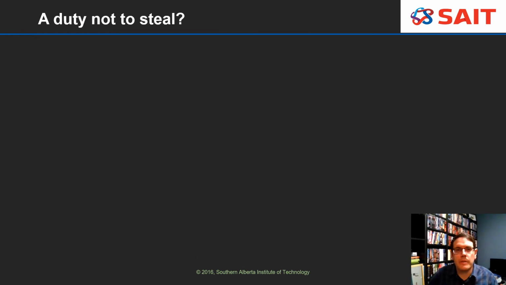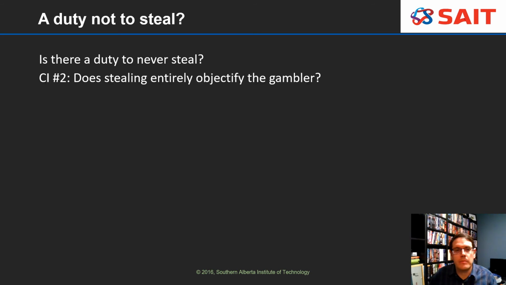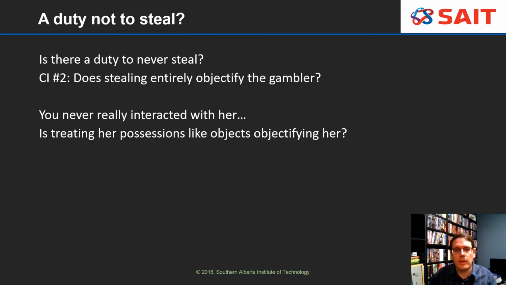Let's double check that result with the second categorical imperative. We're trying to figure out, is there a duty to not steal things? For the second categorical imperative, we have to ask, does stealing that car entirely objectify the gambler? The truth is, you've never really interacted with her.